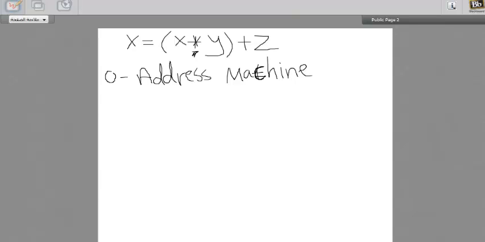It's a binary representation of the memory reference, so you either have a 1 or a 0 in the memory reference, and it also uses the stack idea. If you refer back to your slides, you will know what I mean by stacking. You have like a box, and you drop your values in a box in a stack format. So you need to know these two facts about the zero address machine.